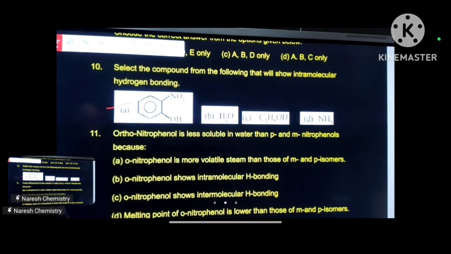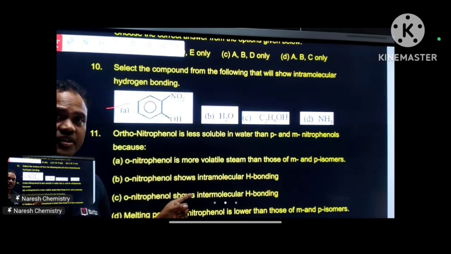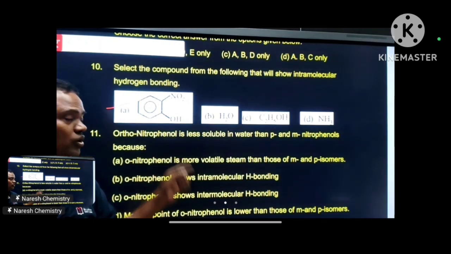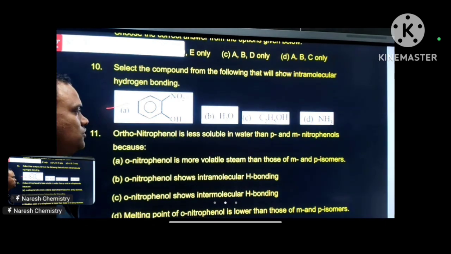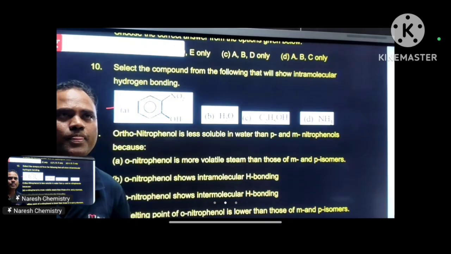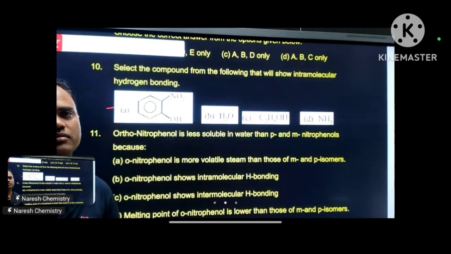Orthonitrophenol is less soluble in water than para and metanitrophenol. See, in JEE Mains also, how many times questions are repeating on hydrogen bonding, especially intermolecular. So we should focus. See, NTA is preparing the paper now.